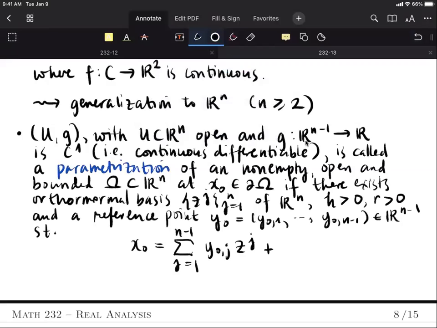That is the last basis, z_n. The coefficient is taken with respect to the function g. So this makes sense because y naught is in Rn minus 1. So this is, say, A, the first property.